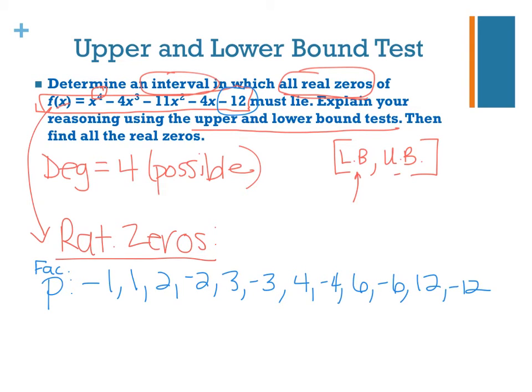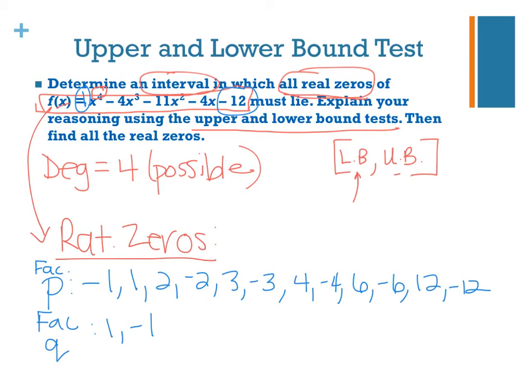And the factors of q, the factors of my lead coefficient, are 1 and negative 1, easy to find because the only numbers that 1 is divisible by are 1 and itself.